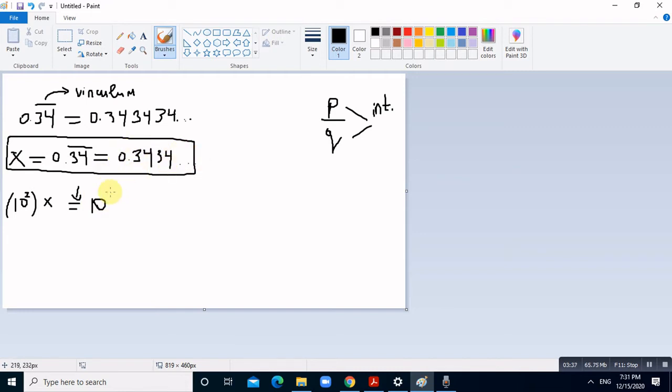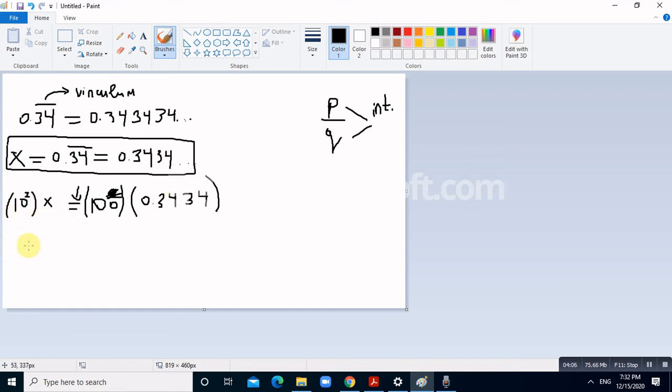So 10 to the power of 2 is multiplied by 0.3434. And we can solve here, right? So we can also represent 10 to the power of 2 as 100, right?